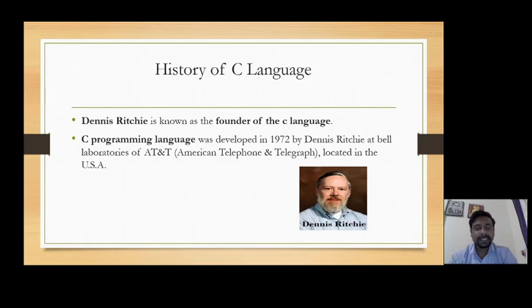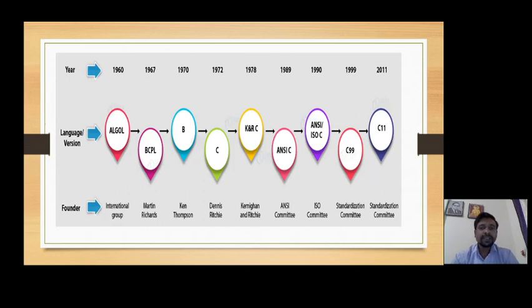So let's discuss the history of C programming. Dennis Ritchie is considered the founder of the C programming language. At AT&T Bell Laboratories in 1972, Dennis Ritchie developed C, and hence he is known as its founder. Here is the history recommended for C programming.